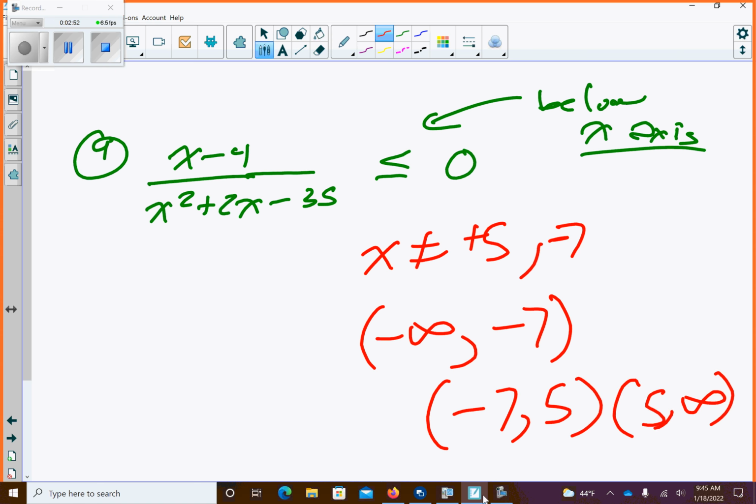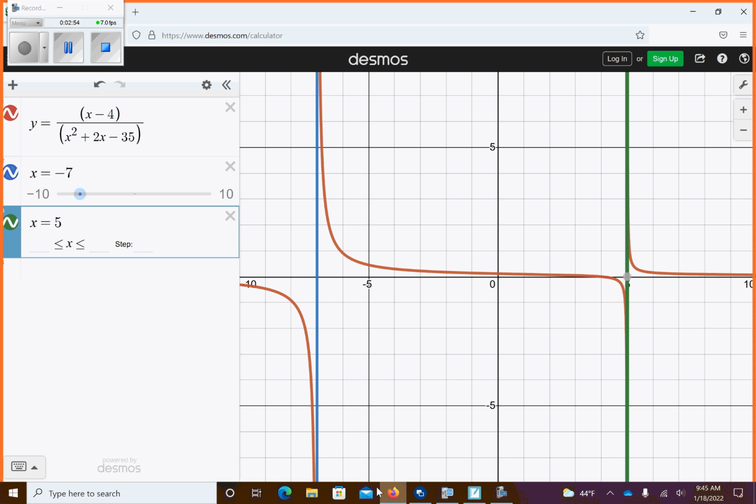Now, let's go back to the graph and explain why that takes place. As we are coming this way, I can get to this -7. I get really close to it, but I can't get there. That's why it's a soft bracket at the -7. But then it seems to make a leap from -infinity way up here to +infinity.